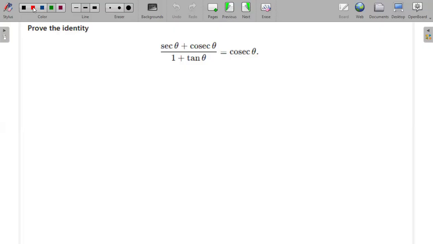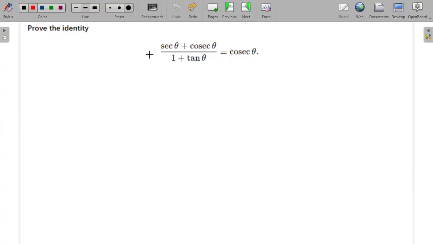So this one here says prove the identity: sec theta plus cosec theta over 1 plus tan theta is equal to cosec theta. So I said you always prove the part that looks complicated. Now here we're just going to express each of these in terms of the basic trigonometric ratios.